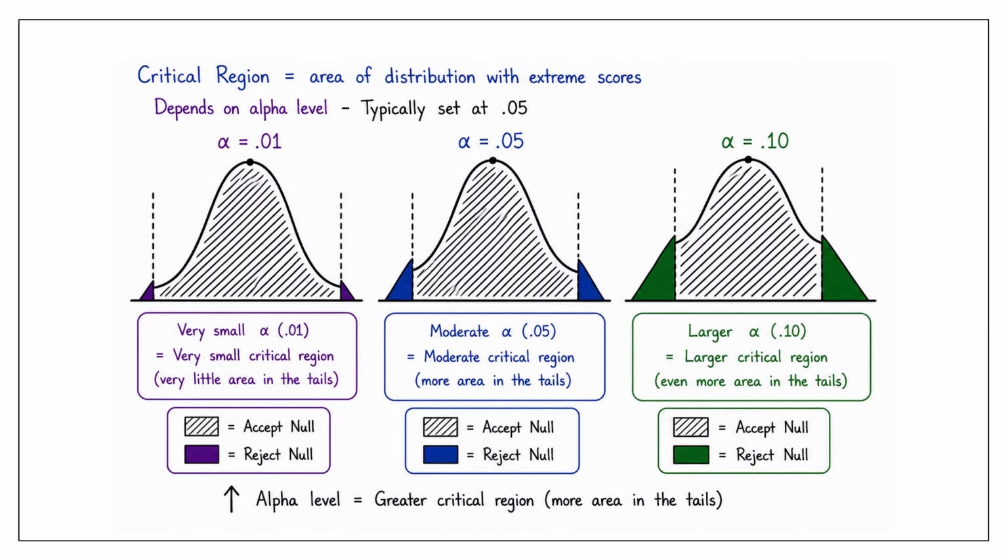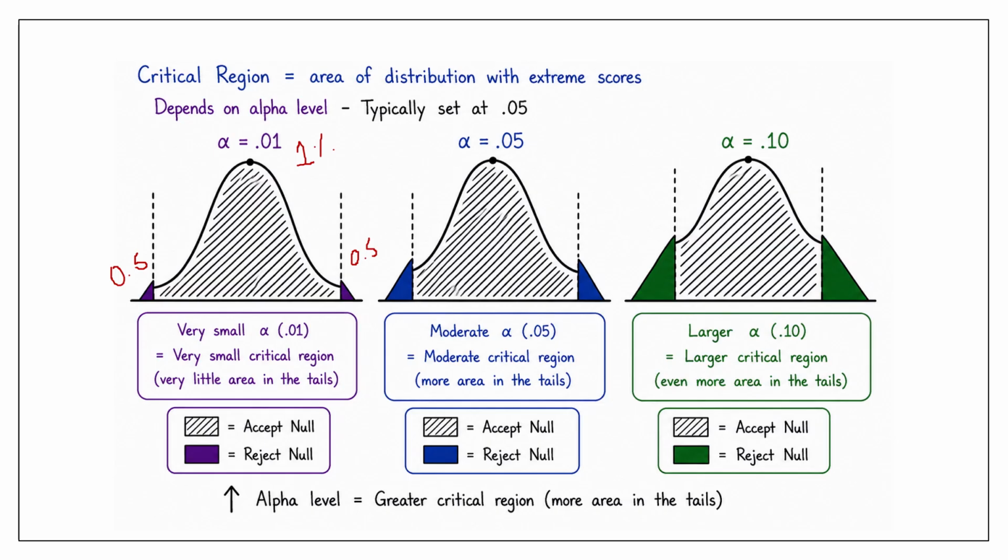So this is equivalent to 1% of scores. And what this means is that this tail is going to be 0.5%, and this other tail is going to be 0.5%.